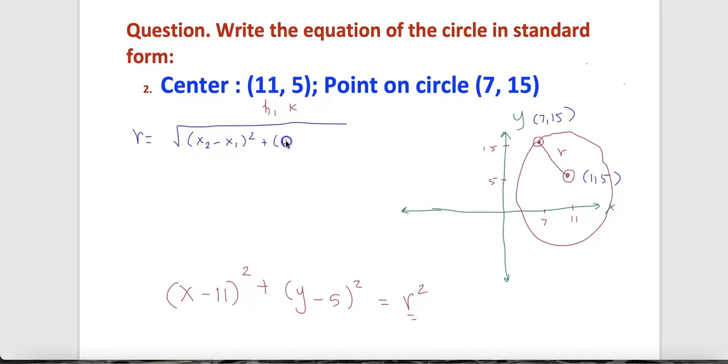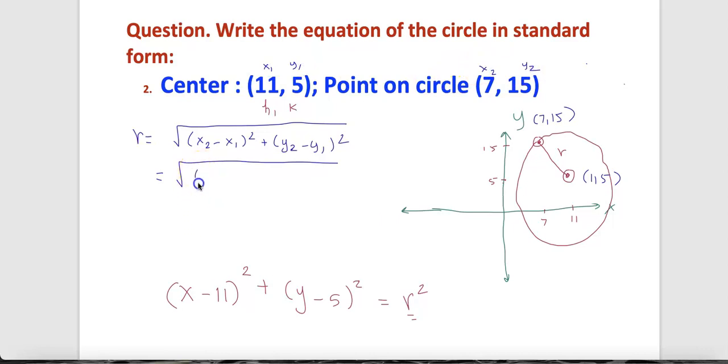x2 minus x1 whole square plus y2 minus y1 whole square, all in the radical. Again, you can also write the formula y2 minus y1 whole square plus x2 minus x1 whole square in the radical. I'm taking this as my x1, this will be my y1, this will be my x2 and y2. It gives me the same answer.